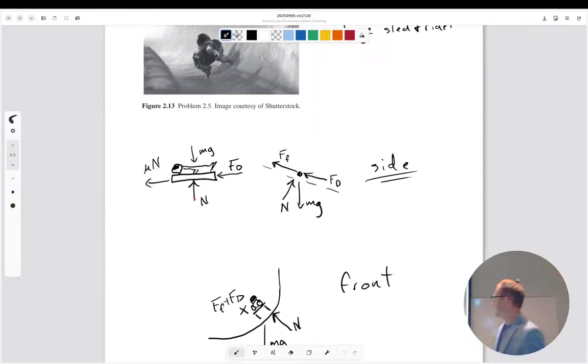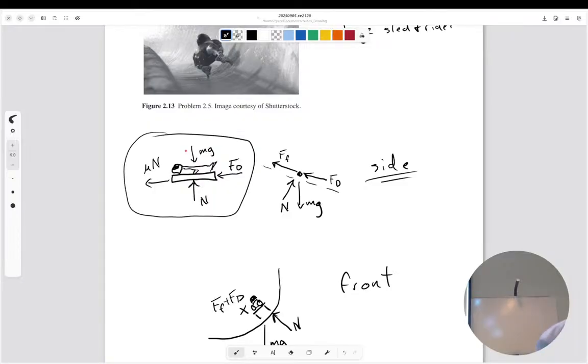So let's think about just this first diagram over here on the left. Is this sled, the person on the sled, accelerating? Accelerating, yes. Okay. What's happening to the speed?